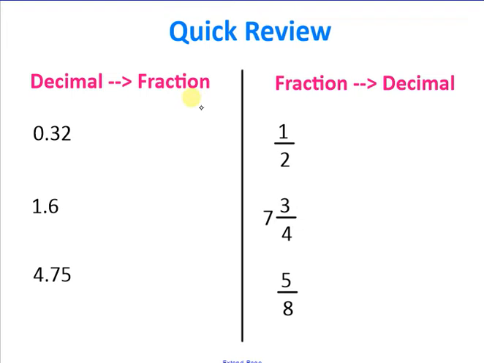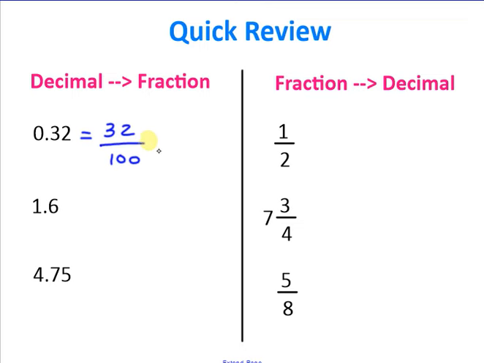So, how to convert from decimal to fraction. First, what we need to do is to say this in word form. So this is 32 hundredths. So we're going to take 32 and put it over 100, since it's 32 hundredths. And then we need to find the GCF, and by finding the GCF, we can then simplify this.